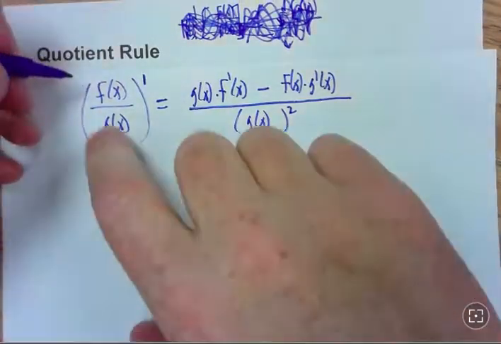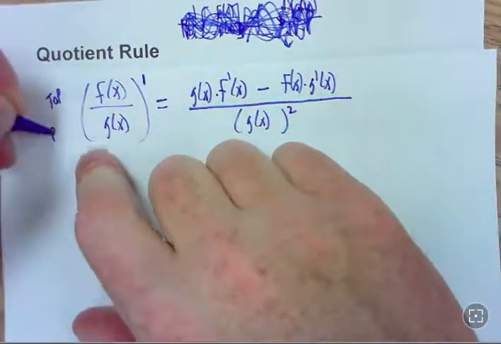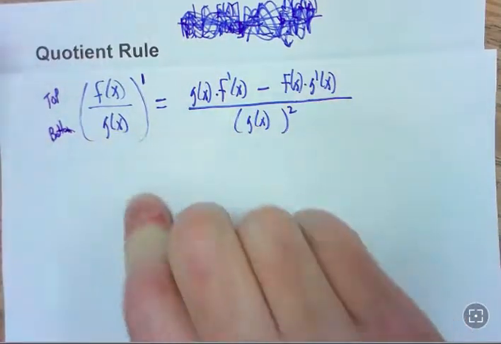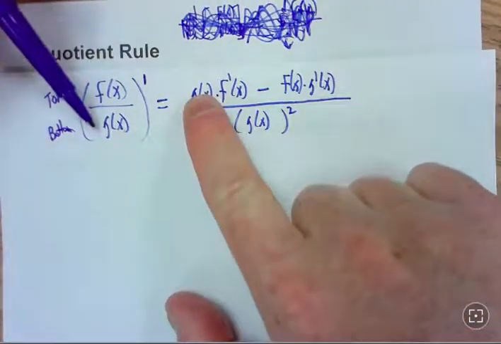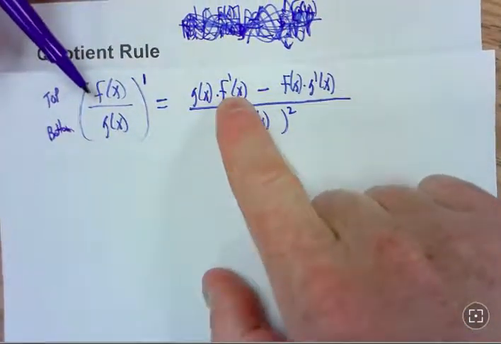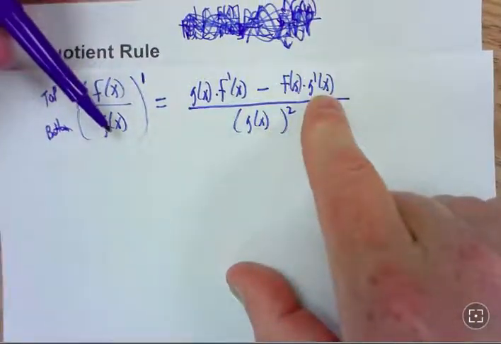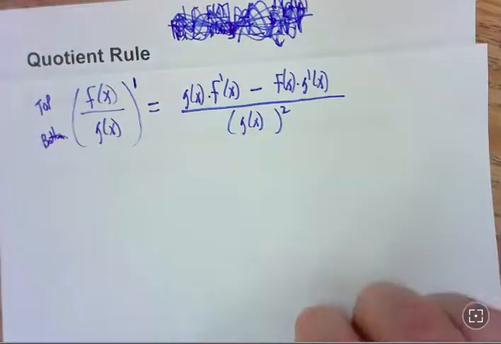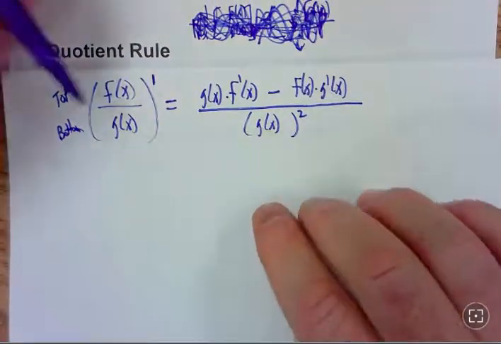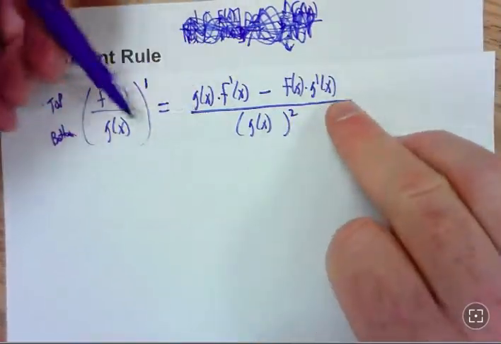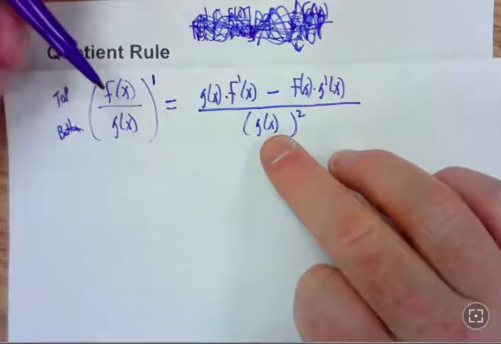The way I remember this is I think about top and I think about bottom. So it's bottom times derivative of top minus top times derivative of bottom, all over bottom squared. g f prime minus f g prime over g of x squared.